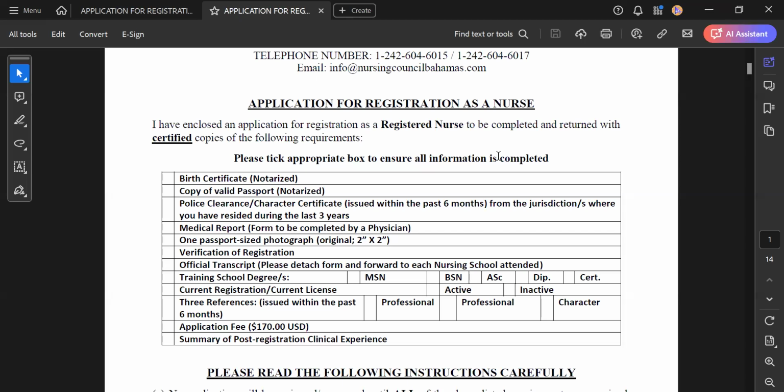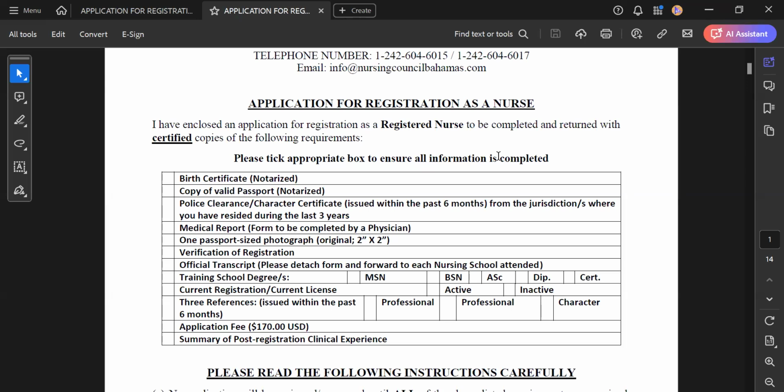And you need the police clearance, which shouldn't be more than 6 months. It should be less than 6 months. And you need a medical report, and it should be completed by a physician or medical officer in Ghana.